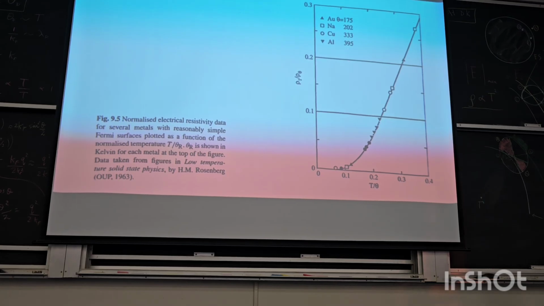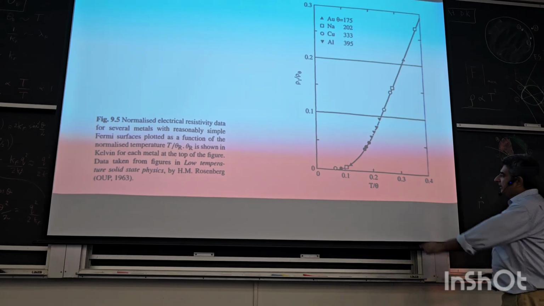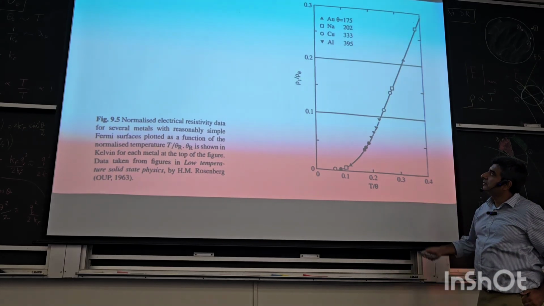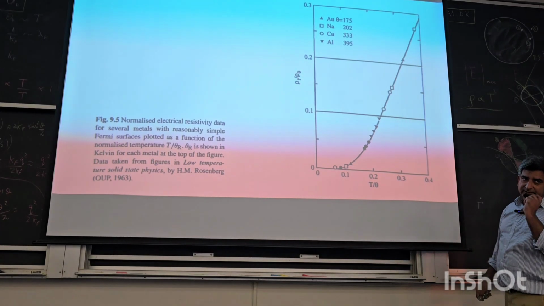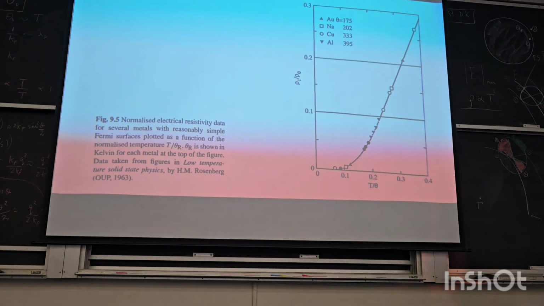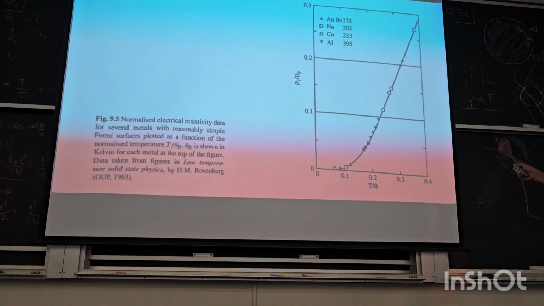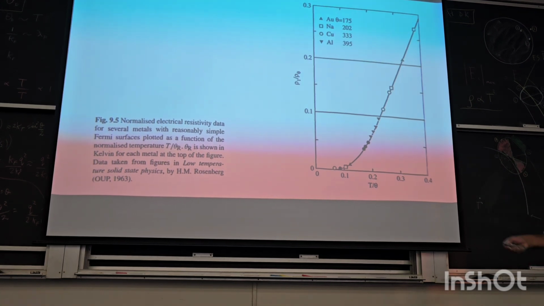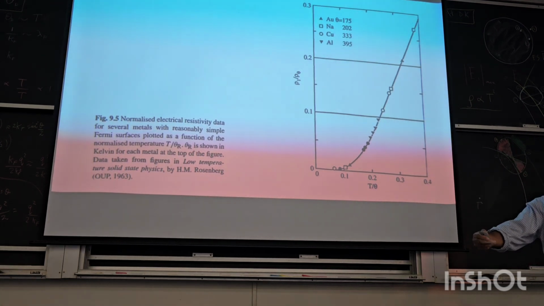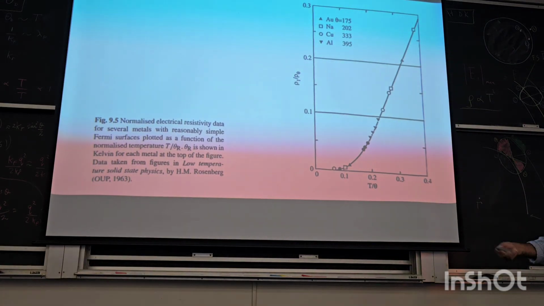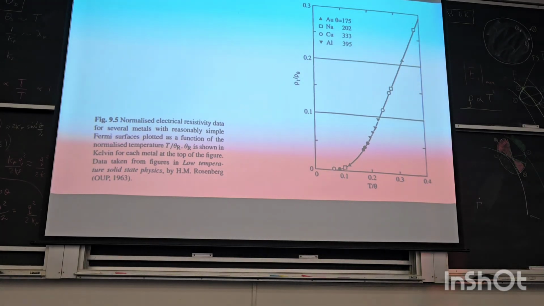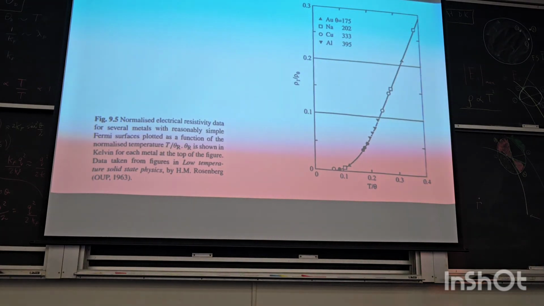The temperature has been normalized with respect to the Debye temperature, and the resistivity has been normalized with respect to the maximum resistivity for any of these metals. And all of these elements show a temperature dependent resistivity which lies on the same graph. So all of these metals behave almost identically as far as resistance versus temperature is concerned.